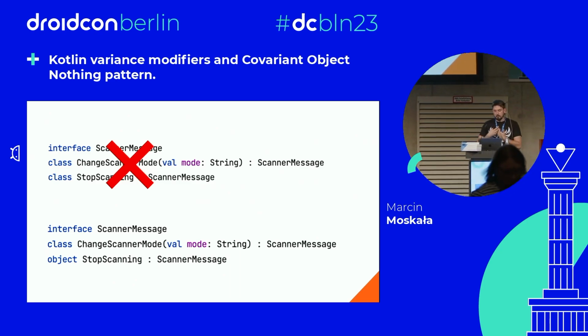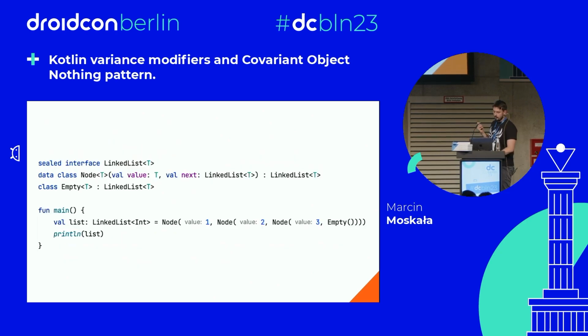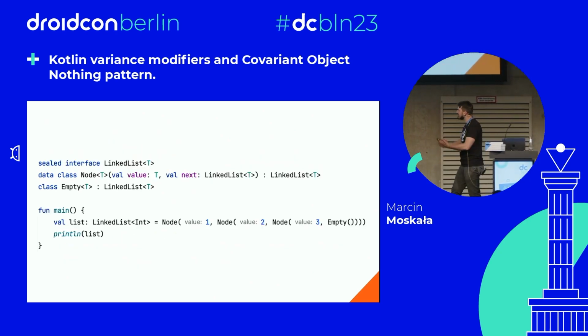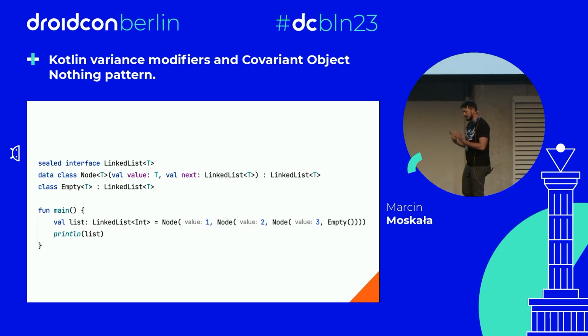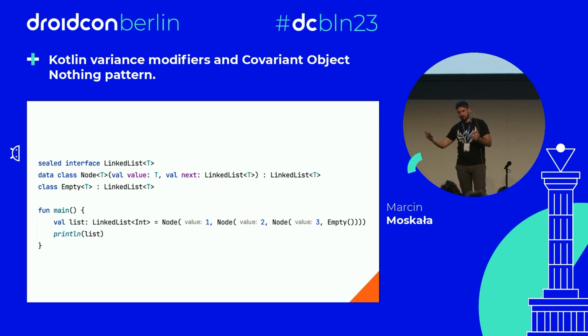And the same pattern can be applied when you have generic classes as well. Consider a situation where you have a linked list. A linked list is a data structure that has either a node, which has a value and a reference to the next part, or an empty, which represents the end of the list, or an empty list.